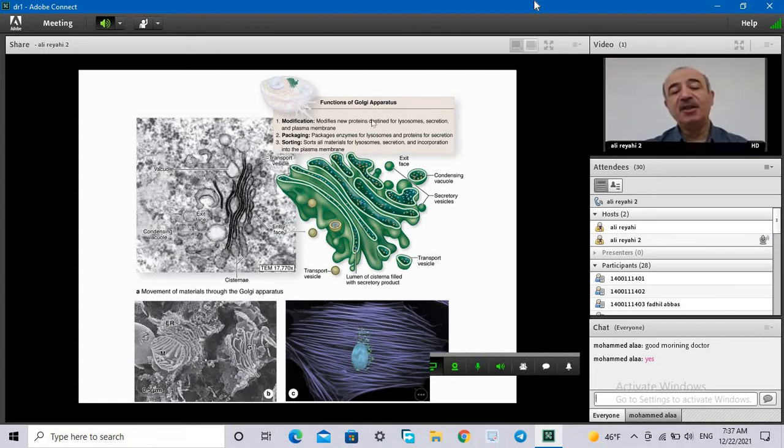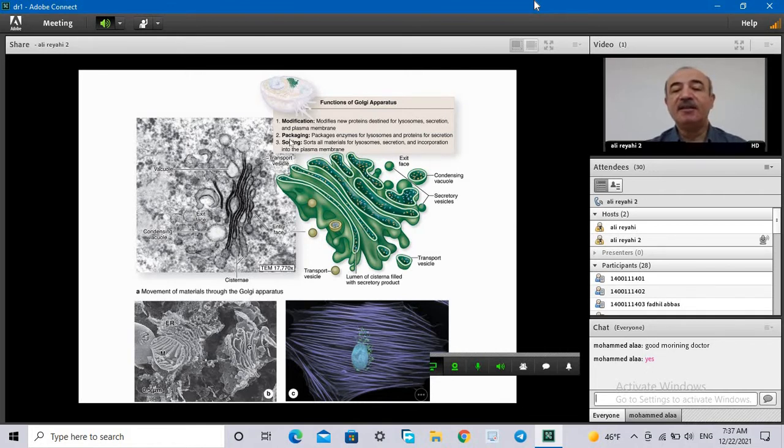Totally, the function of the Golgi apparatus is modification, packaging, and sorting. Modification of the proteins that enter the Golgi apparatus from the rough endoplasmic reticulum. The Golgi apparatus can modify new proteins destined for lysosome, for secretion, and for the plasma membrane.